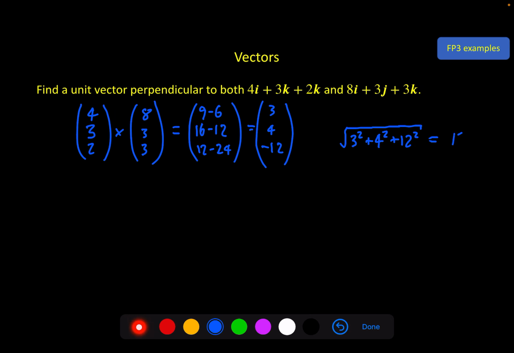So the magnitude here is 13. So the unit vector, if I call this n hat, will equal 3 divided by 13, 4 divided by 13, minus 12 divided by 13. Like this.